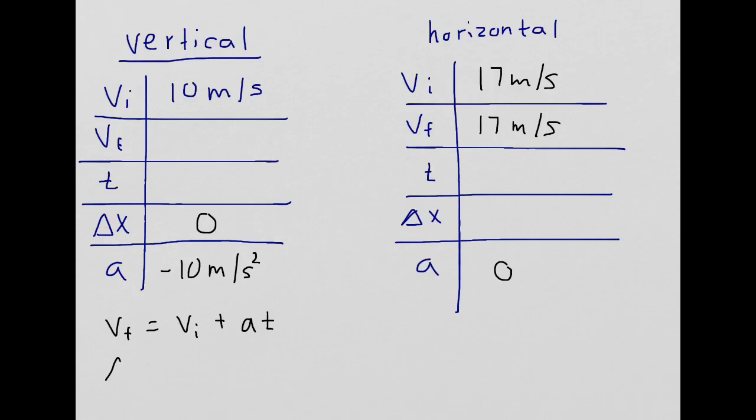And we also know that delta x equals initial velocity times time plus 1/2 acceleration times time squared. Okay, so using this first equation, this one doesn't help me because I don't know final velocity and I don't know time, so I have two unknowns. So let's use the second equation because I know displacement, I know initial velocity, and I know acceleration, so we can find time. Okay, so I'll plug in on the next page.